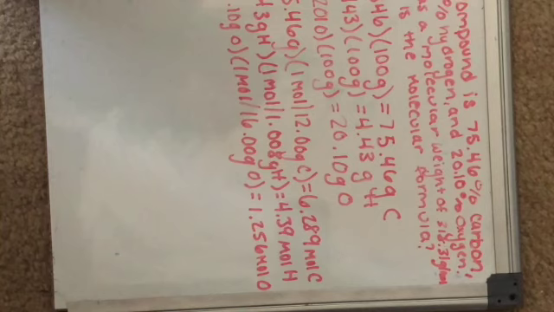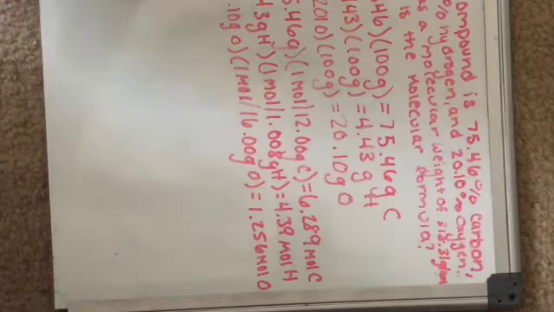All right, after we converted to grams using the percent composition and the 100 grams, we found the mass of each element and we changed it to moles. And now we're going to have to find the ratio of the moles of each element.